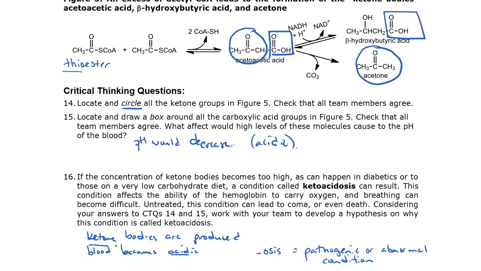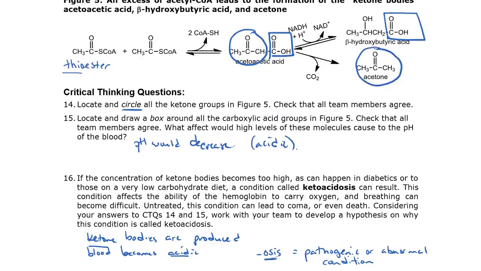So ketoacidosis, well, these are ketone bodies. So keto, they make the blood acidic, so acid, and then you have osis, which is a combining term that can be interpreted to mean a pathogenic or an abnormal condition. So there you go, ketoacidosis.